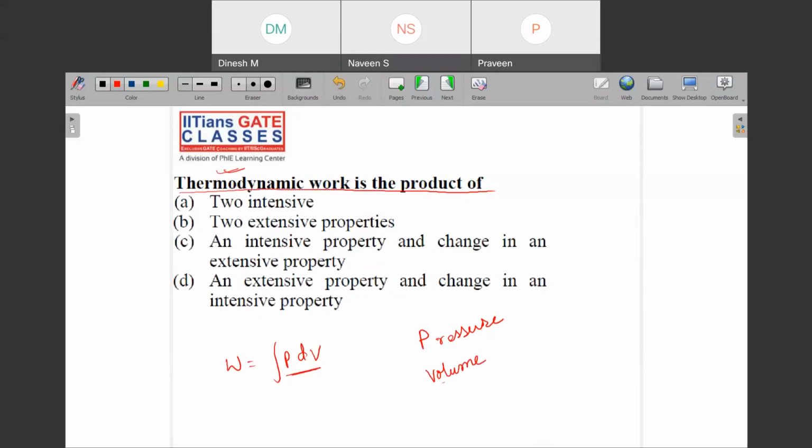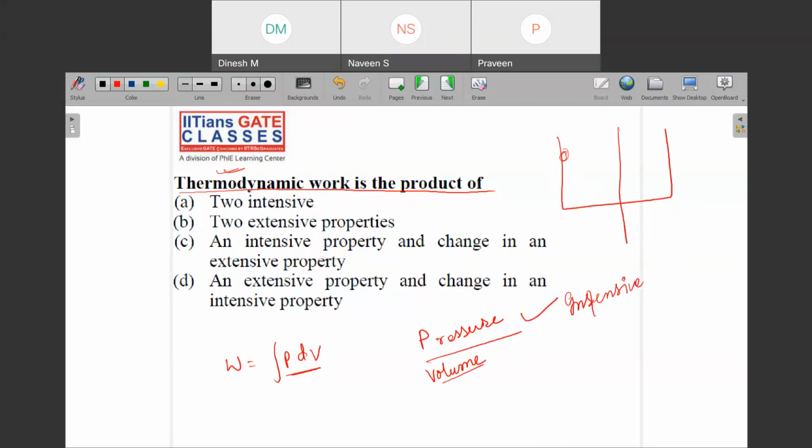So what happens in pressure and volume? Pressure is nothing but an intensive property. Can you see that when we divide the chamber, the pressure does not change? Why? Because the pressure is not dependent upon the mass, right? So pressure is an intensive property.